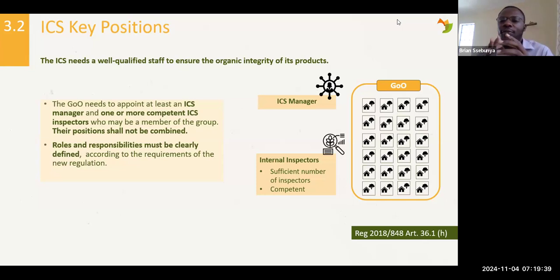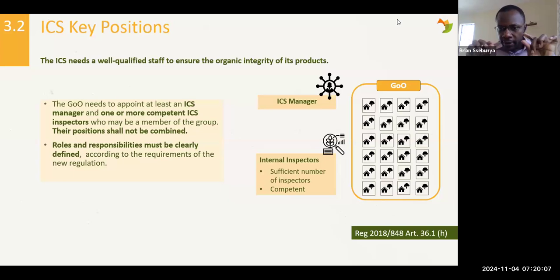No, ICS is for group certification, which is under the group of operators structure, which we discussed extensively during week one. So the group of operators needs to appoint at least an ICS manager and one or more competent internal inspectors. And this is an extract from the standard. You can check the article at the bottom of the slide.